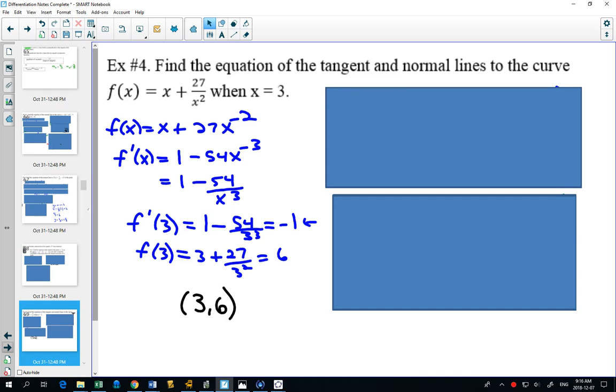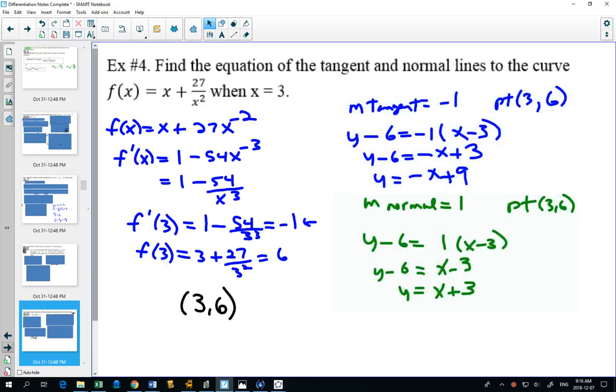So how do you find the point? Well, you know x is 3. You can plug that 3 back into your original equation and find the y-coordinate on that graph. In this case, it's going to be 6. And then just use your point and your slope and find your 2 equations.